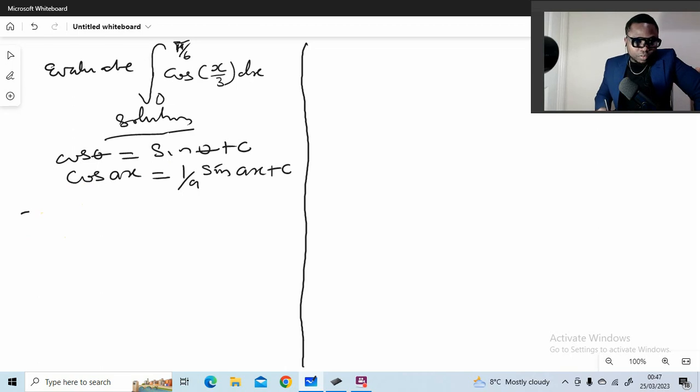So this is equal to, bringing out the expression, cos 1 over 3x. That is x over 3, because you multiply 1 by x to give x over 3.